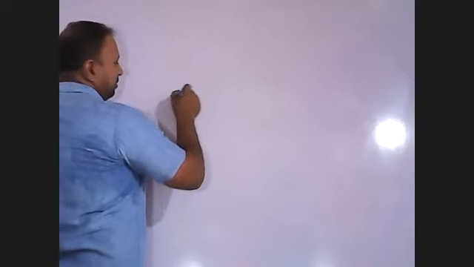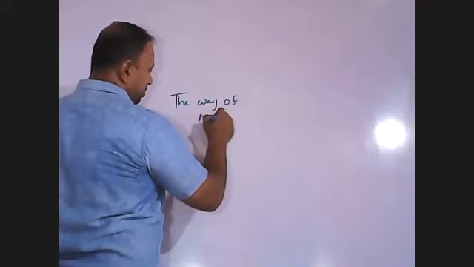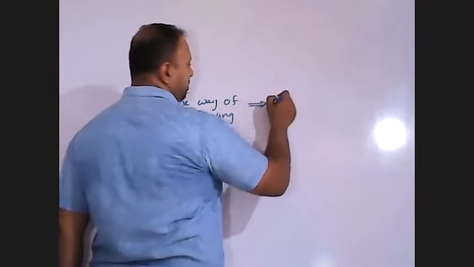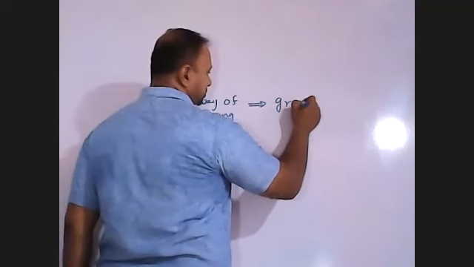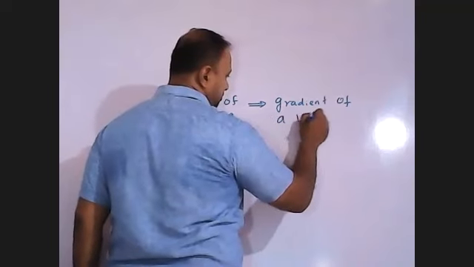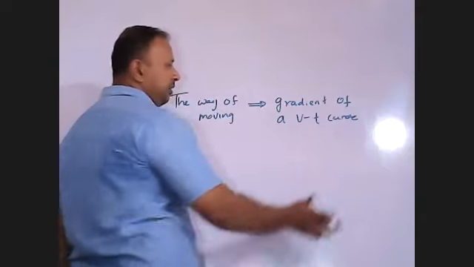Therefore, you have to write this in a separate rule. The way of moving, the gradient of a VT curve.